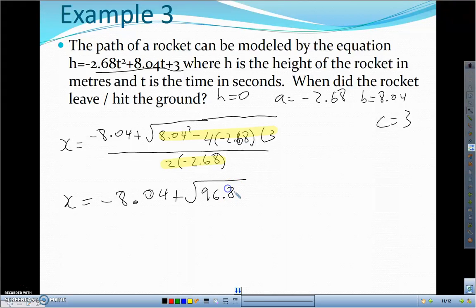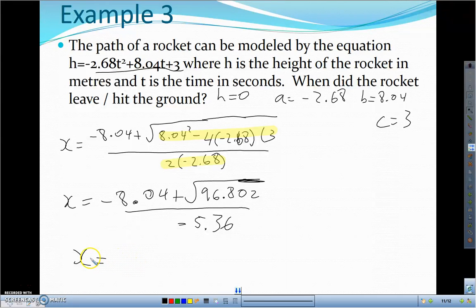And you could go more decimal places than that. If you wanted to be on the safe side, you could go 0.2, just to make sure that you're not going to have any errors. And this would be, oh, I didn't do that one yet, 2 times negative 2.68 is going to be equal to negative 5.36.